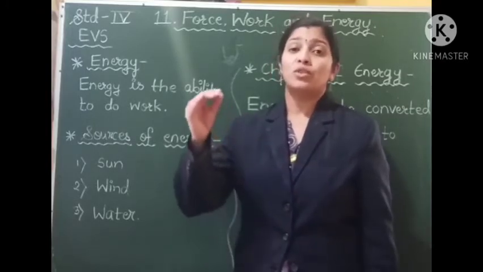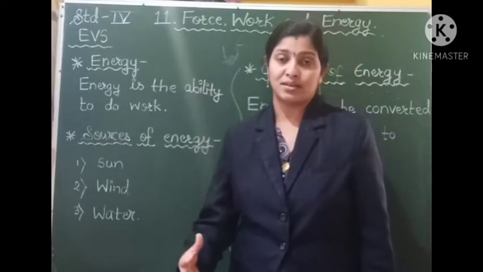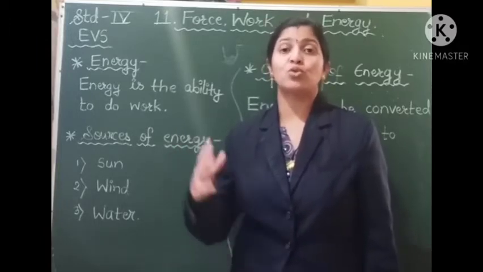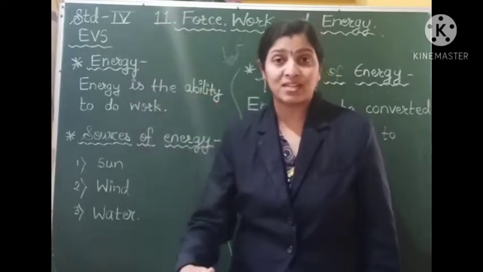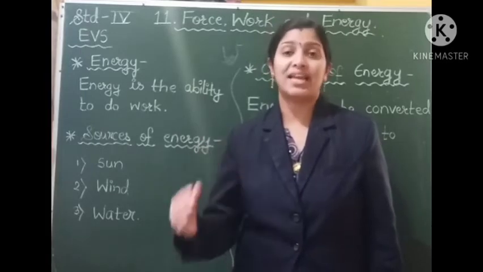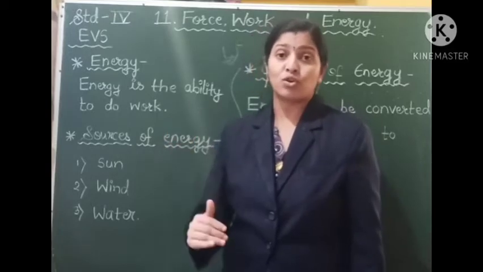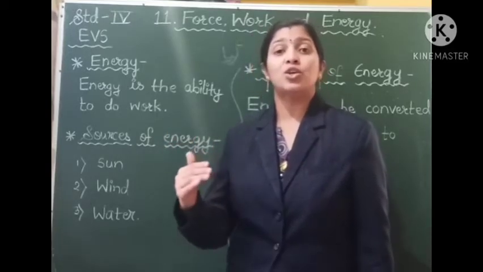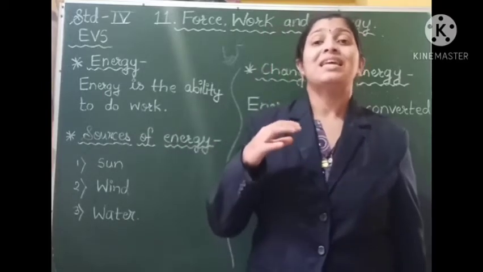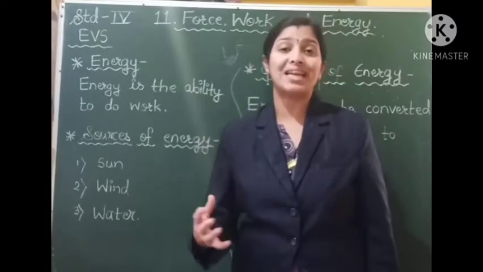So the place where the water is going to fall, huge turbines are put there, so that when the water falls from a greater height on those turbines, the turbines will move and they will produce energy. This energy produced because of the falling water is stored and it is used for various purposes. So the falling water produces energy. This energy is converted into light energy or electric energy.